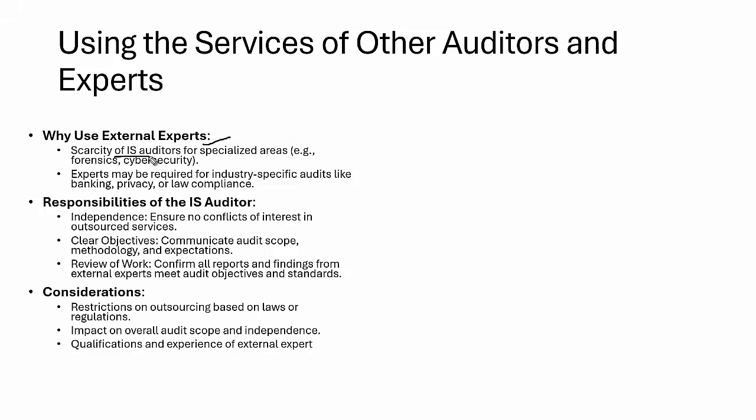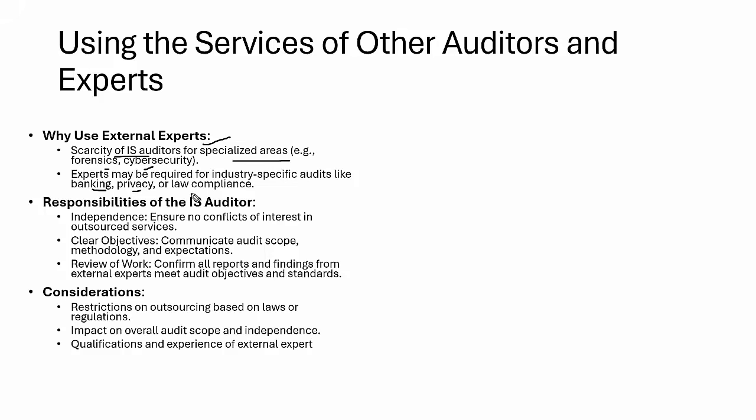Scarcity of information system auditors in a specialized area like forensics, cybersecurity. And in 2025, we're talking about AI ML. Because experts may be required for industry-specific audits like banking, privacy. Now we have in India the DPDP, Saudi has the PDPL. So new regulations are coming. We have the AI Act coming. So for this, we need experts who can do the audit in this area.